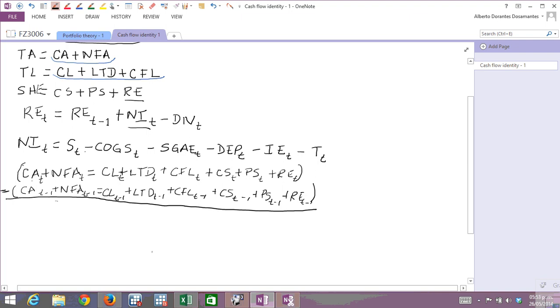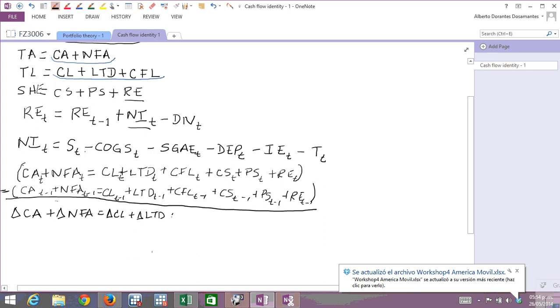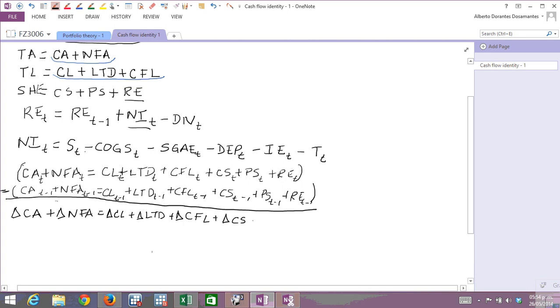This is a subtraction. Current assets of today minus current assets of yesterday, I'm going to indicate as a delta. So delta of current assets plus delta of net fixed asset is going to be equal to delta of current liability plus delta of long-term debt plus delta of current financial liability plus delta of common stock plus delta of preferred stock plus delta of retained earnings.